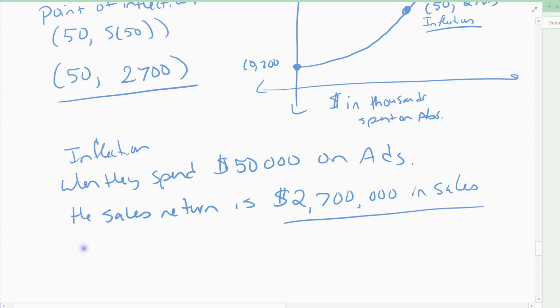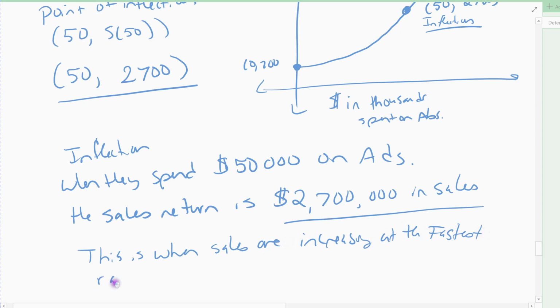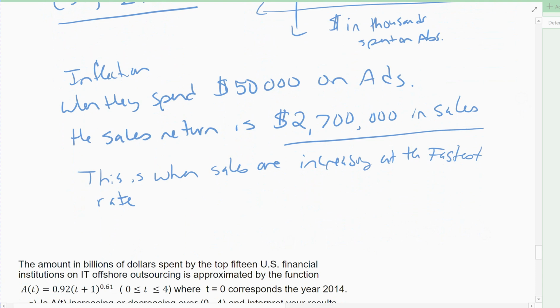So what the inflection point is, this is when sales are increasing at the fastest rate. That's what's significant about it. This is the law of diminishing returns.